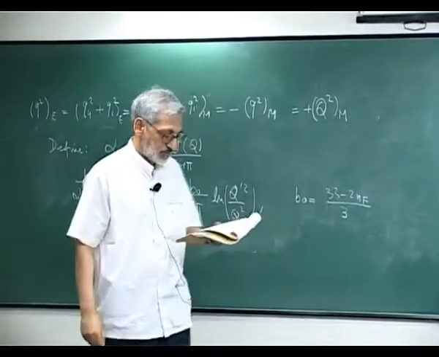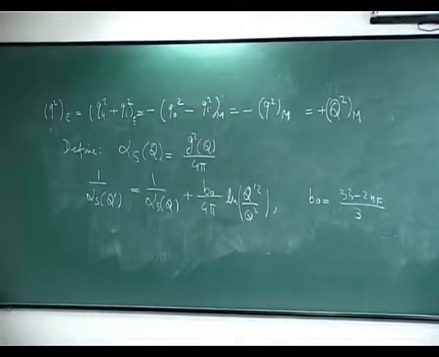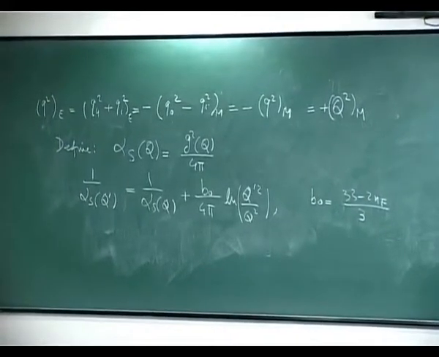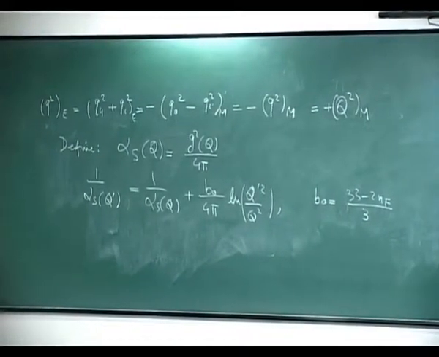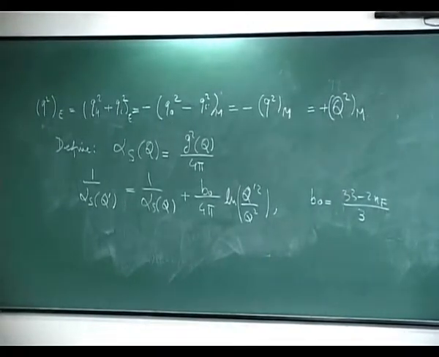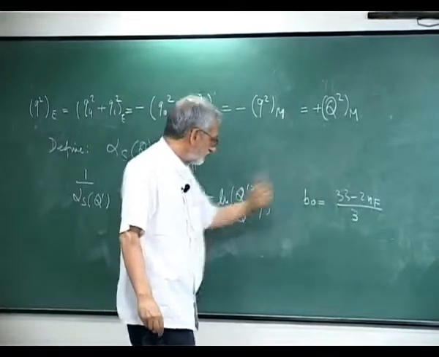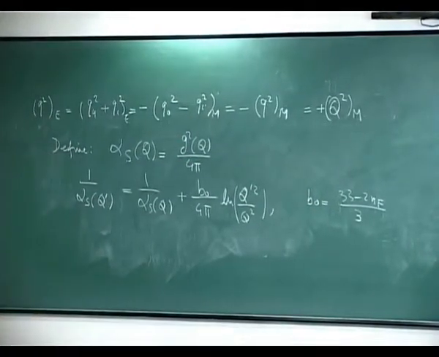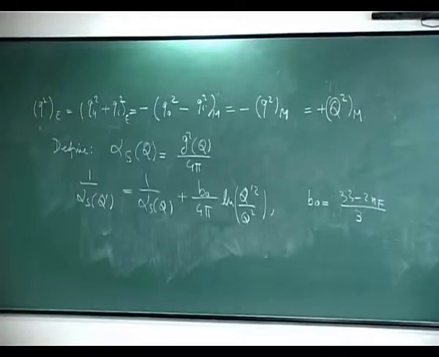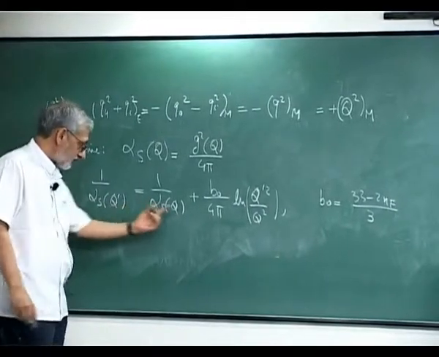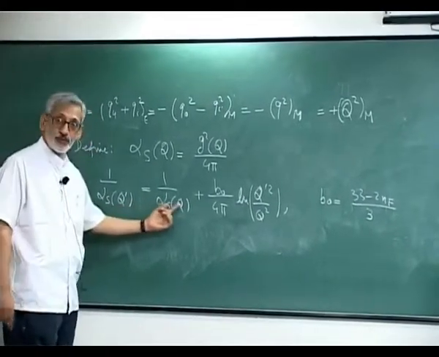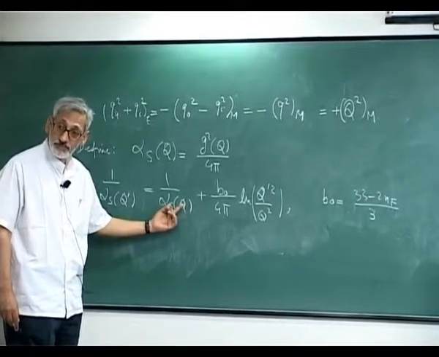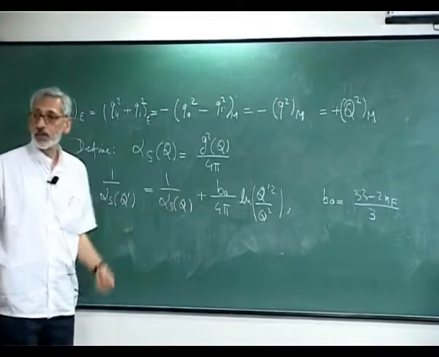From that formula only. This is the coefficient of the beta function, so b0. So the QCD coupling constant at two different values of 4-momentum is related at one loop by this relation.